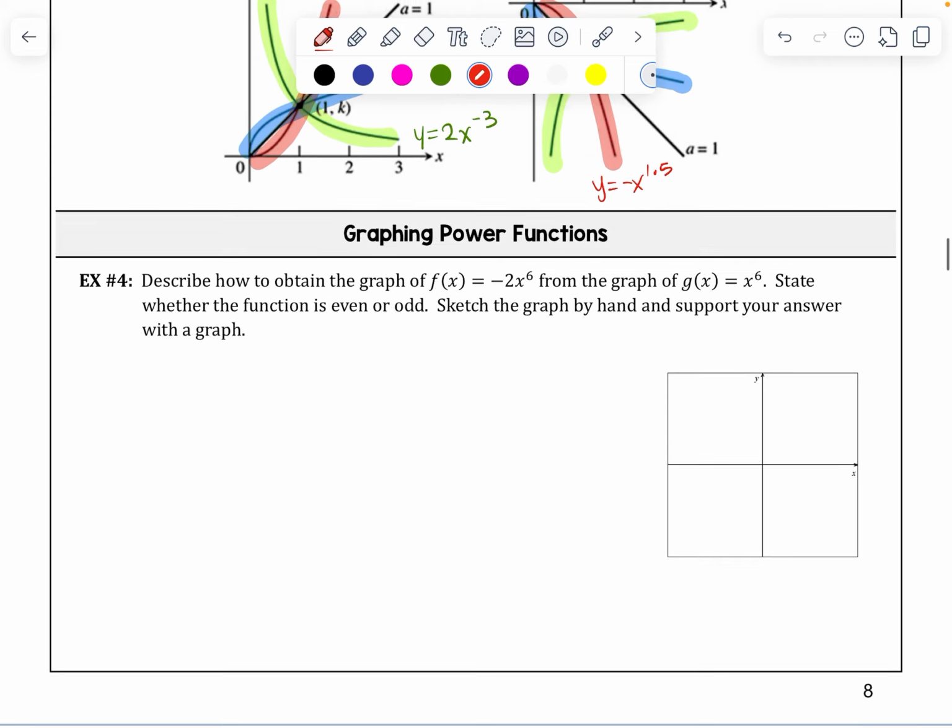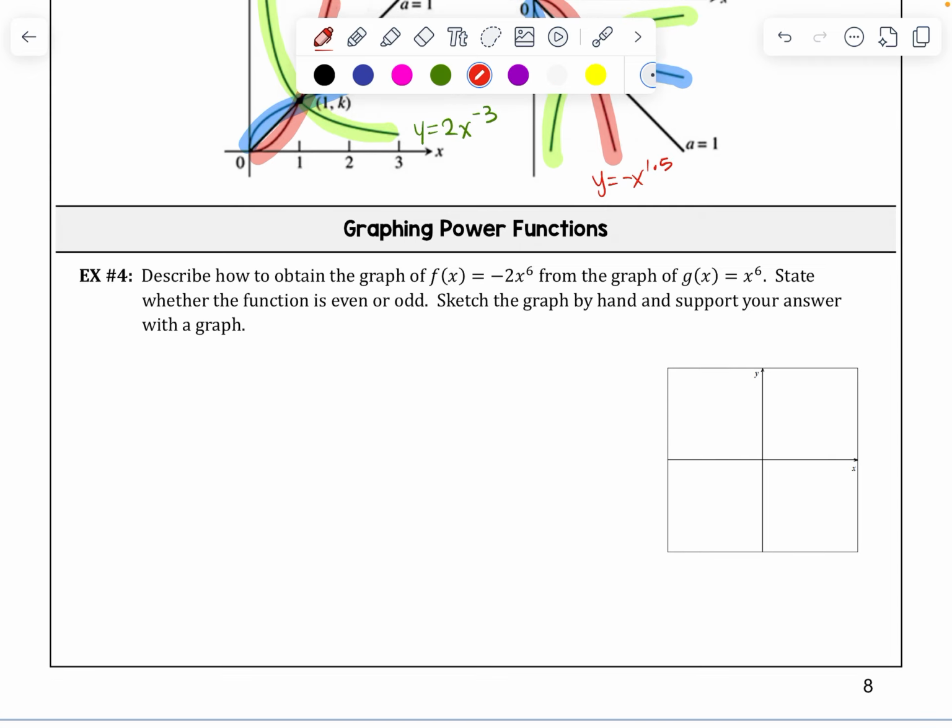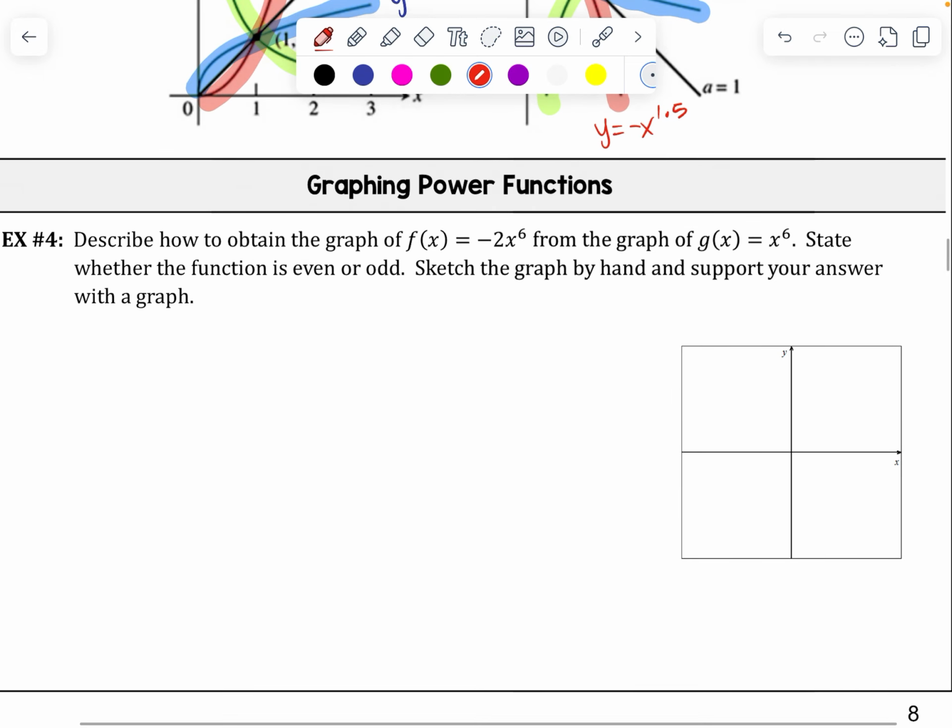Okay, so for example number 4, it says graphing power functions. It says describe how to obtain the graph of f of x equals negative 2 times x to the power of 6 from the graph of g of x equals x to the 6.